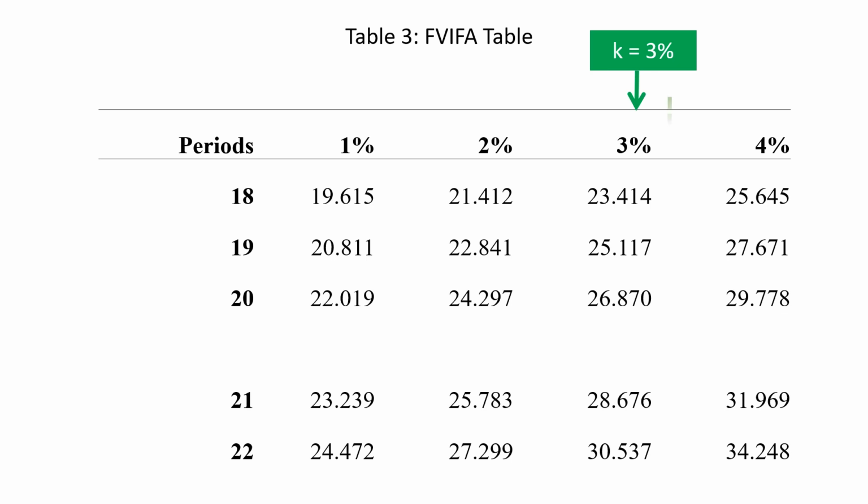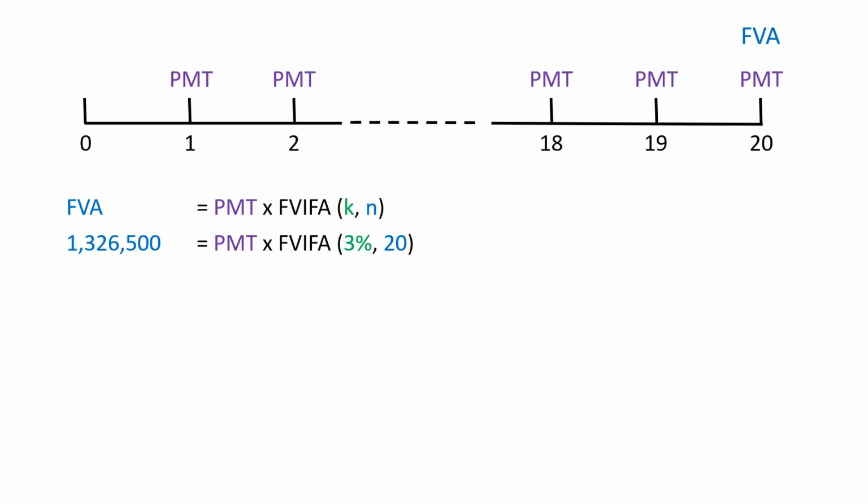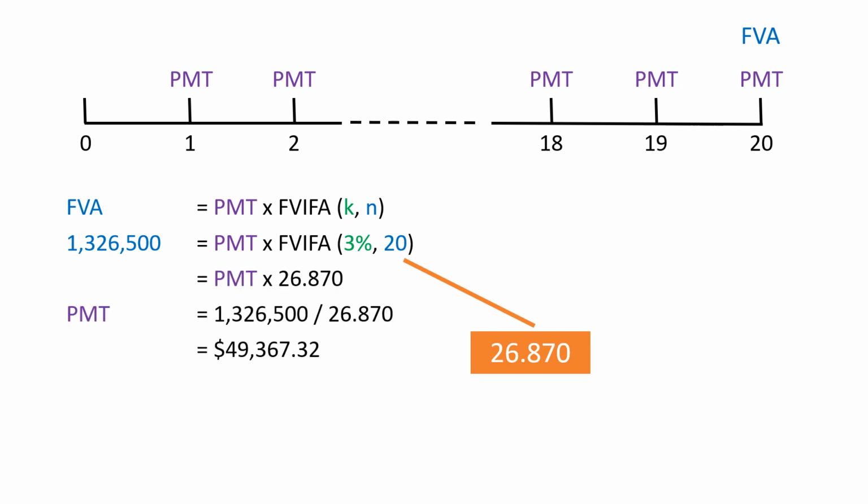We know K and we know N. The intersection is the answer. Substitute the answer from the table and we find PMT.